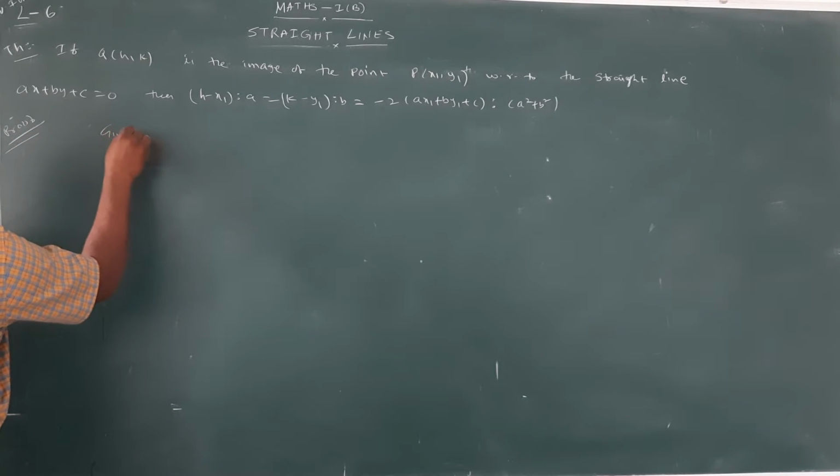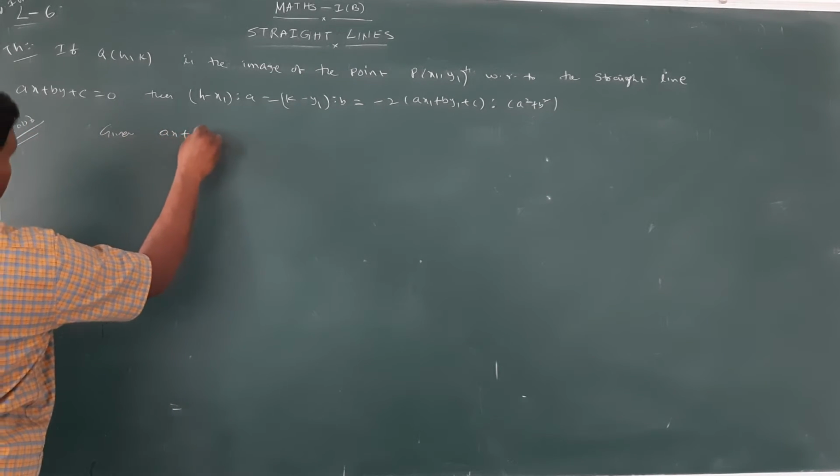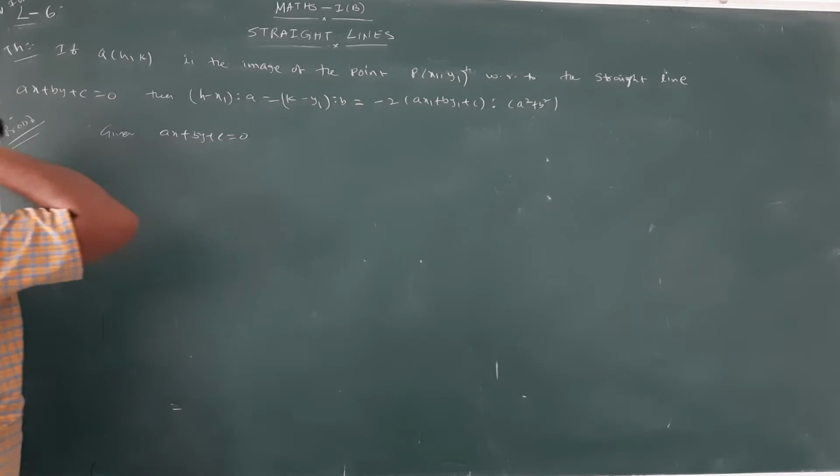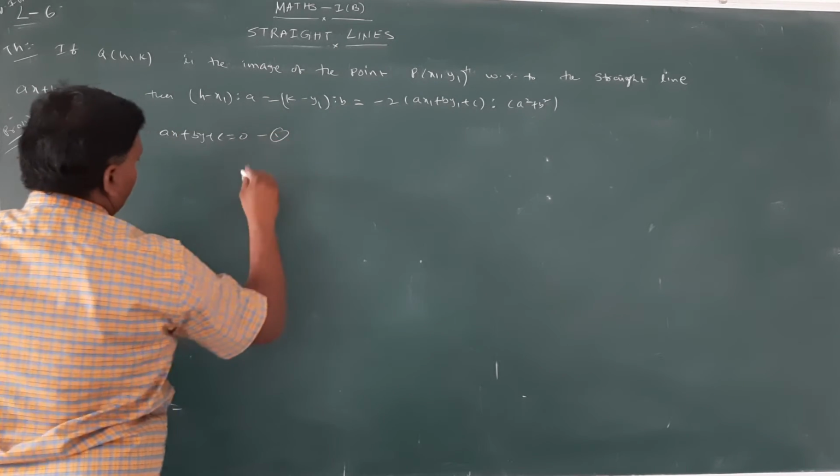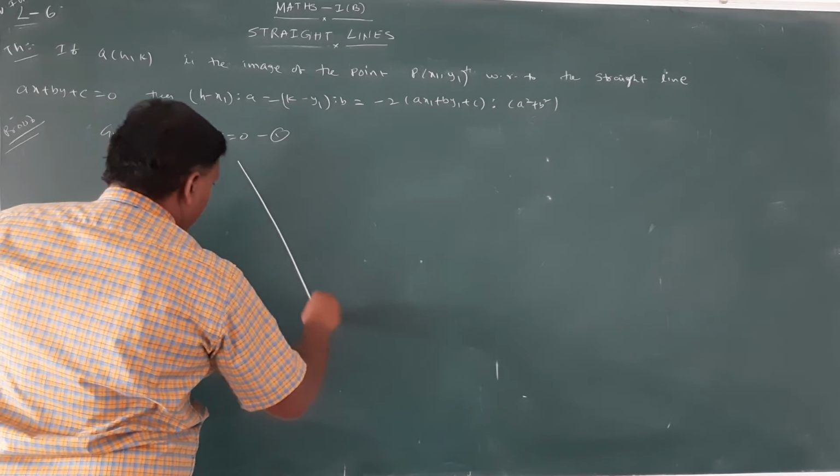Given the line ax + by + c = 0, equation number 1. This is the line equation.